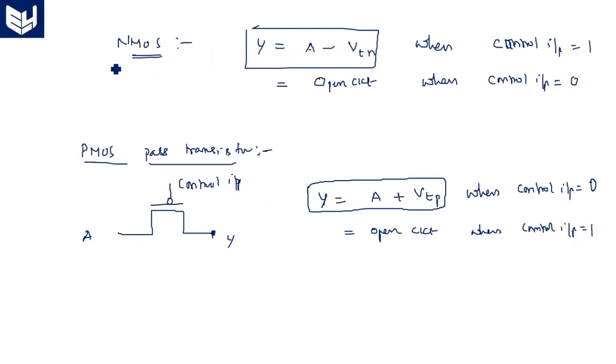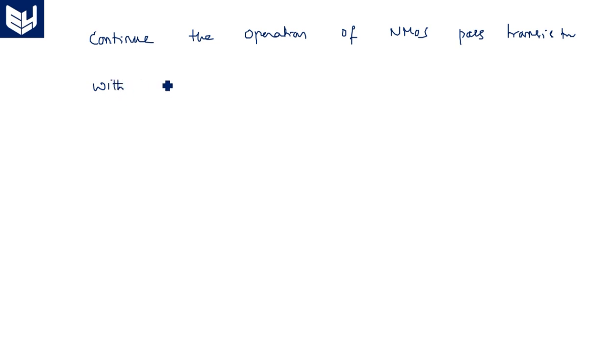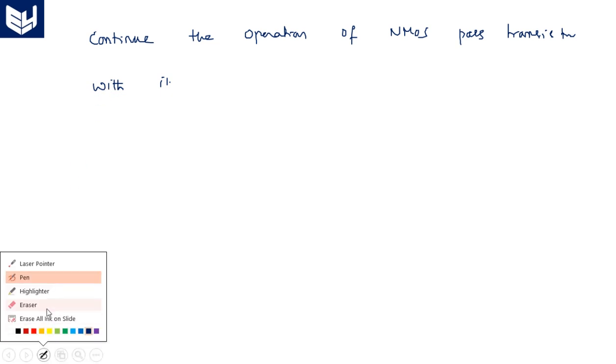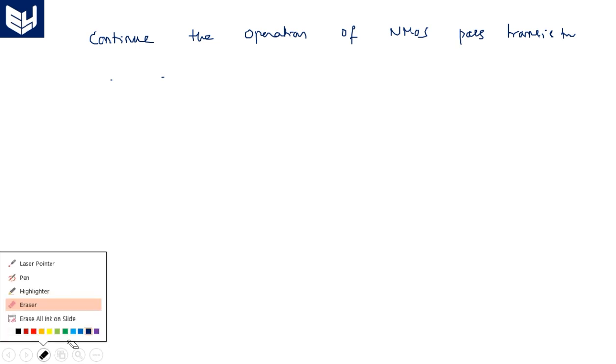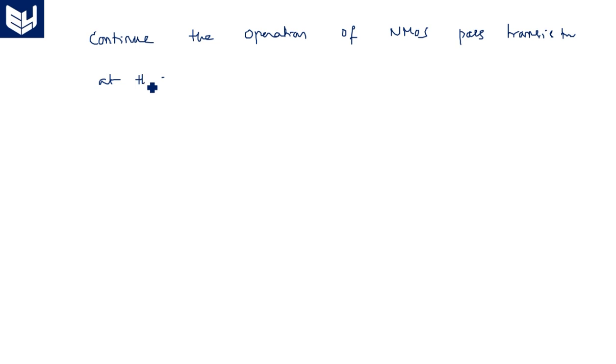Now let us continue the operation of the NMOS pass transistor with a capacitance at the input of the logic circuit.